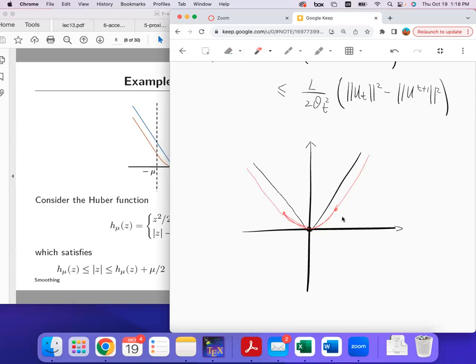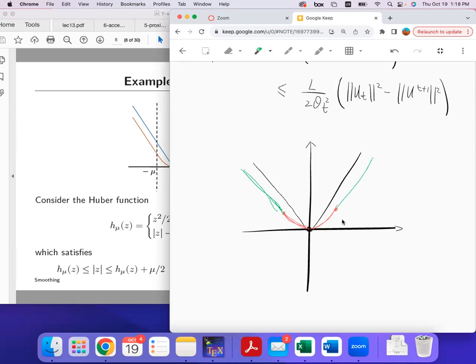So we use a straight line. You see the red part is a quadratic function to make the function smooth, differentiable around the original point.